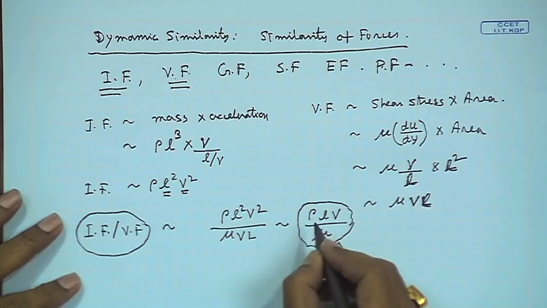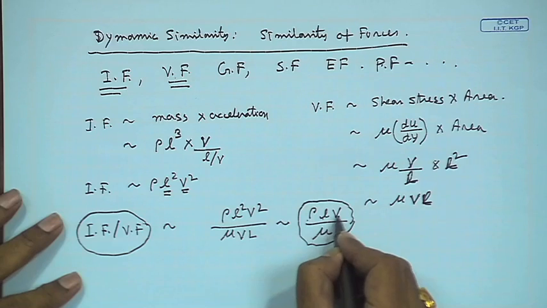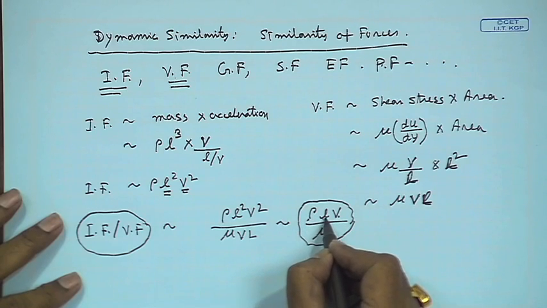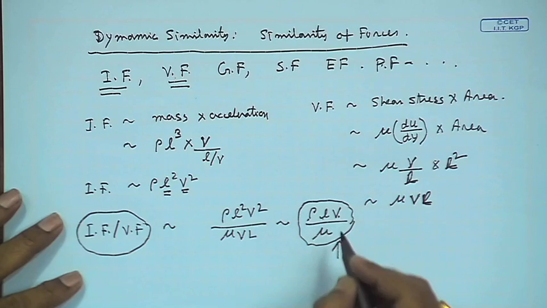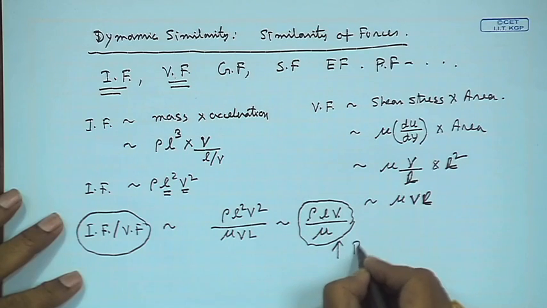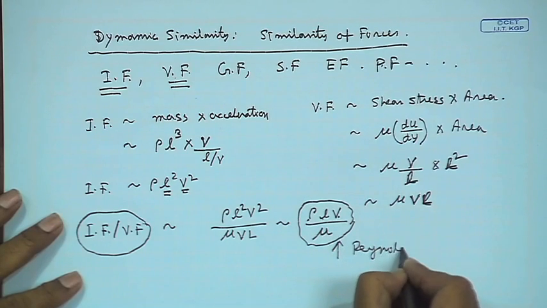The combination rho L V by mu, where rho is the density of the fluid, L is the characteristic geometrical dimension, V is the characteristic velocity, and mu is the viscosity, is known as Reynolds number.